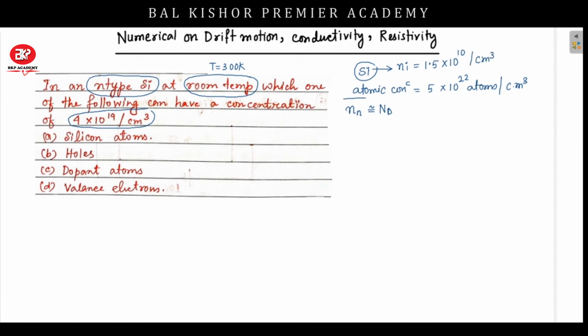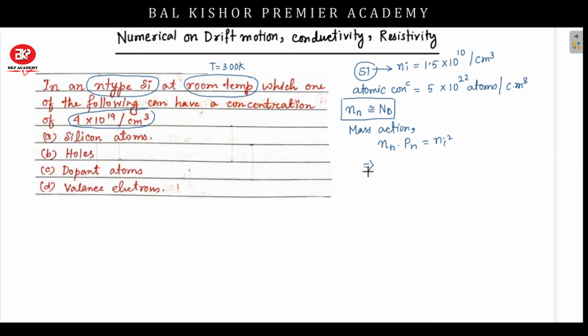Now the electron concentration in the n-type silicon is given by the doping concentration. Using this, according to the mass action law, the electron concentration Nn into the hole concentration Pn is equal to Ni square. From this equation we can find the value of Pn.